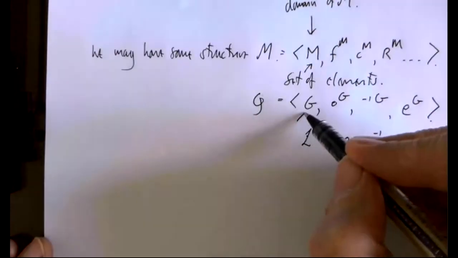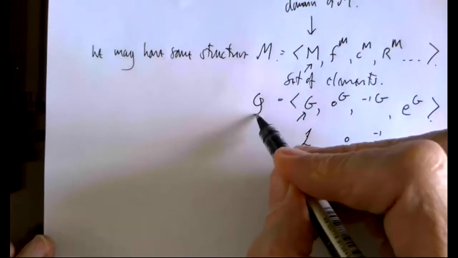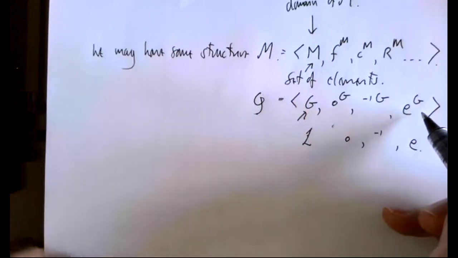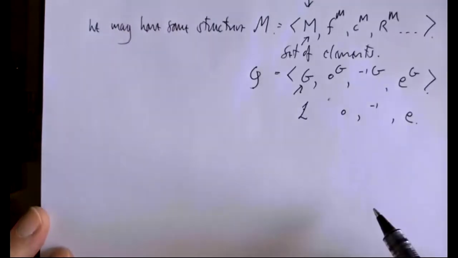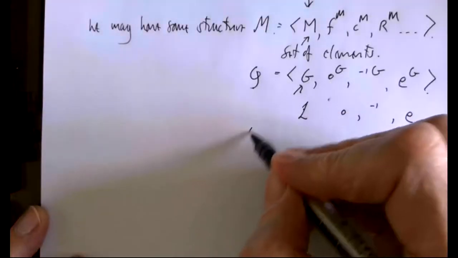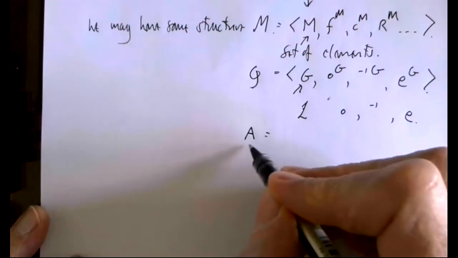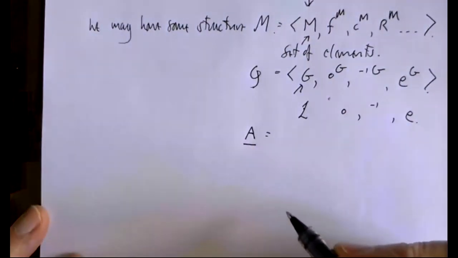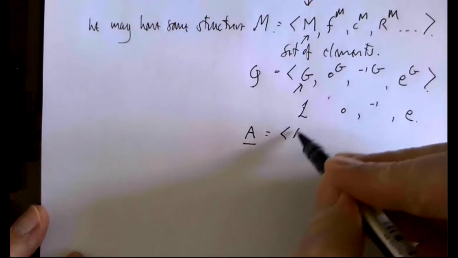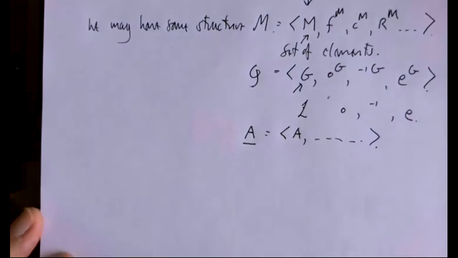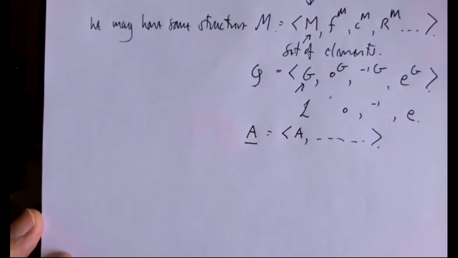Again, this is the set of elements of the group. This is the whole structure, the set with its operations. And sometimes, in some of the exercises, I write also an A with an underline, to indicate there's a structure: the set of elements plus the other data.